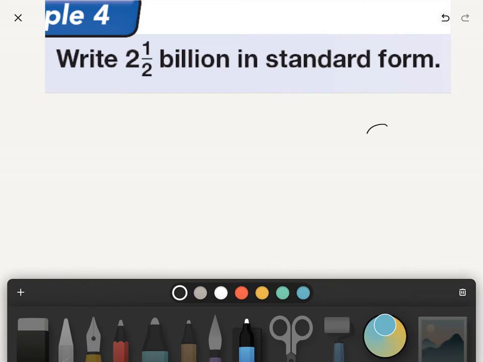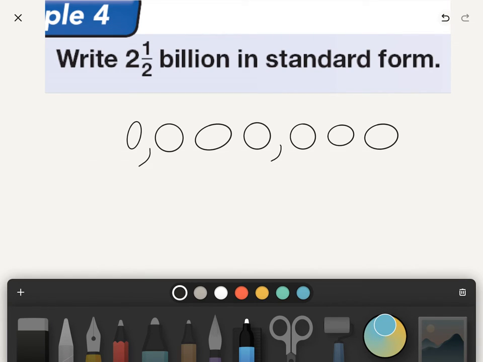I've got my ones, my tens, my hundreds, my thousands, 10,000s, 100,000s. Uh-oh, I actually probably need to start writing this smaller. Then my millions.